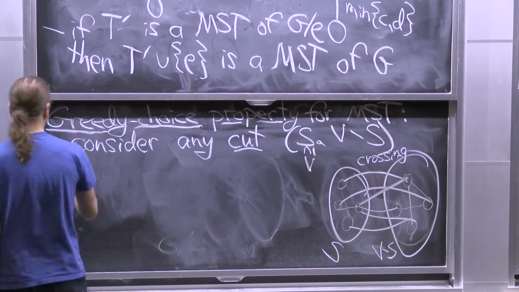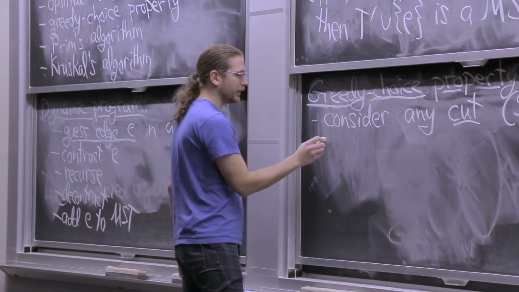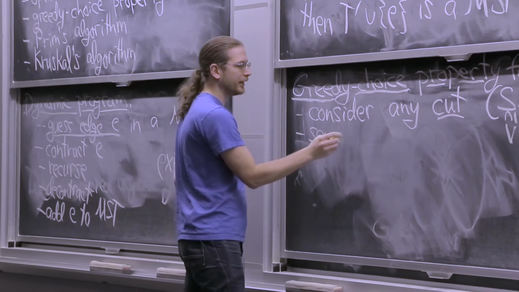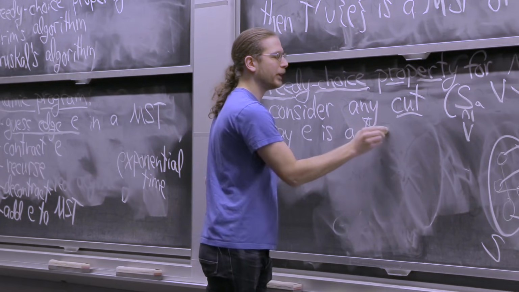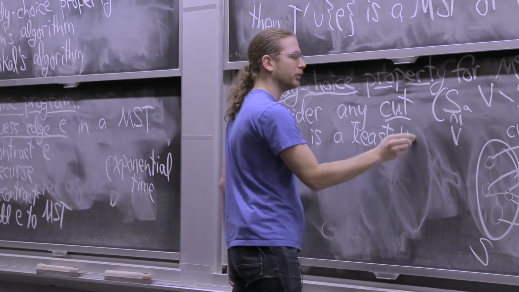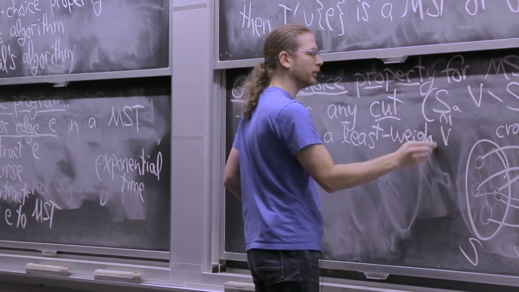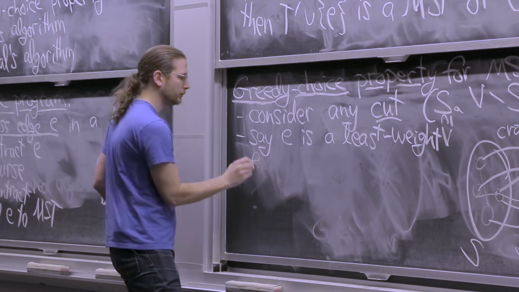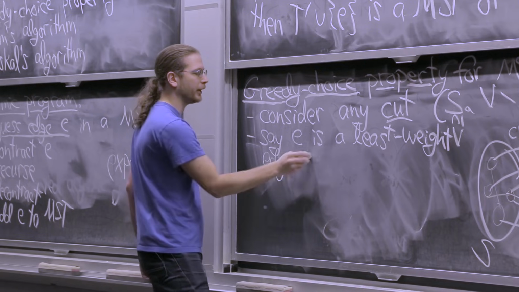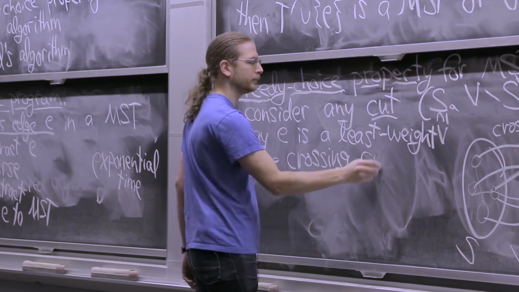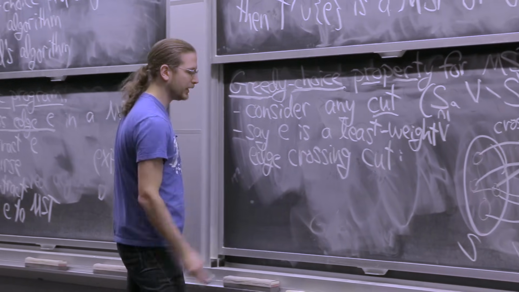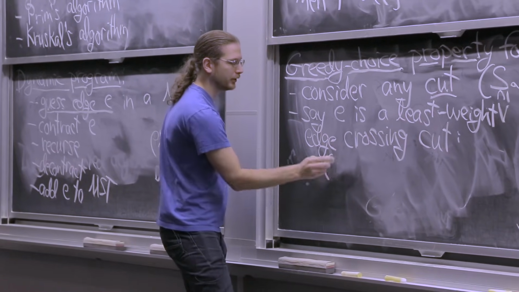OK, so let's suppose that E is a least weight edge crossing the cut. So let me be specific.